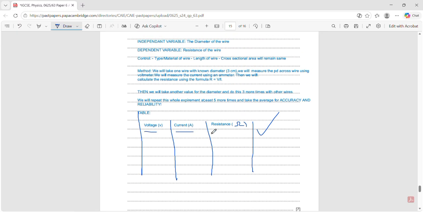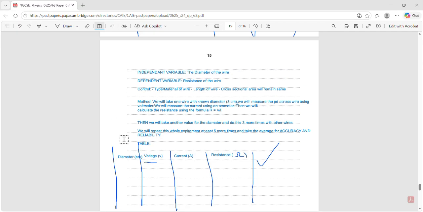Yeah, we also need the diameter. We have to also write the diameter of the wire, and that could be in centimeter, maybe millimeter as well. Millimeter is also fine. And yeah, so that's the table done.